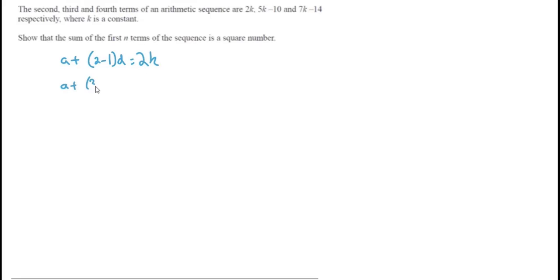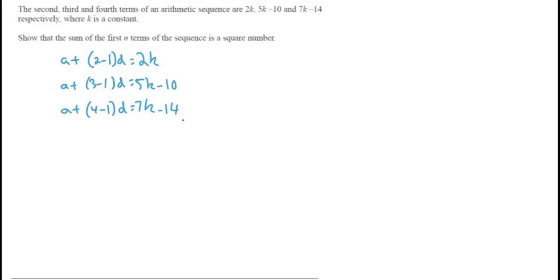So, what we can say is that because we know that 2k is the second term, a plus (2 minus 1)d will give us our 2k, a plus (3 minus 1)d gives us the 5k minus 10, and a plus (4 minus 1)d gives us 7k minus 14.